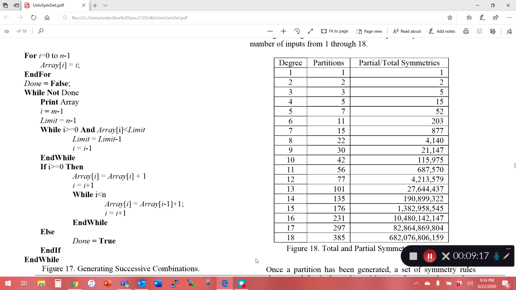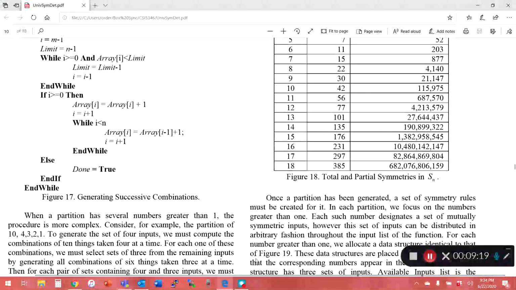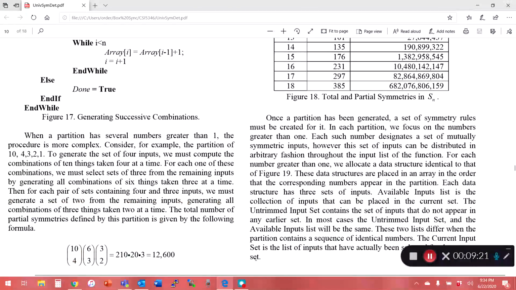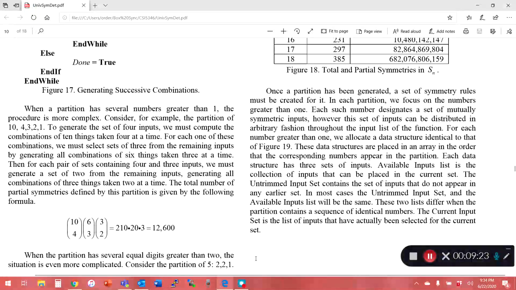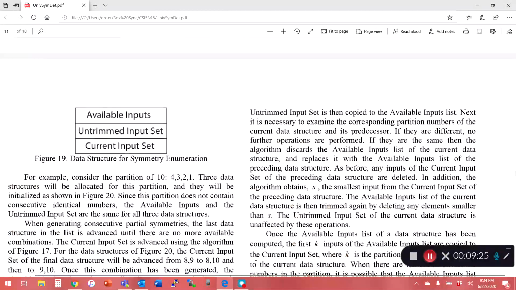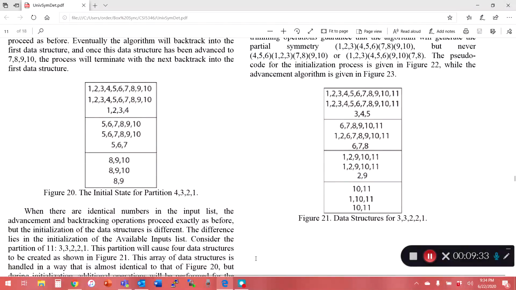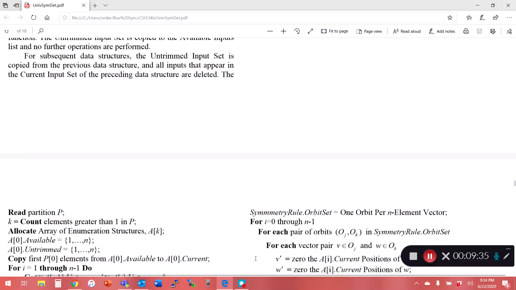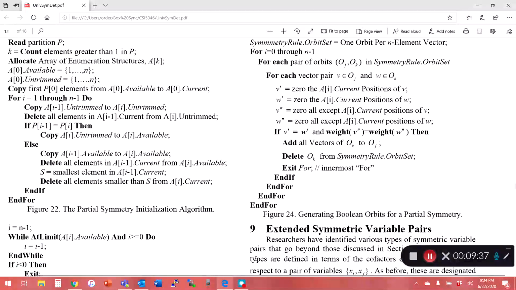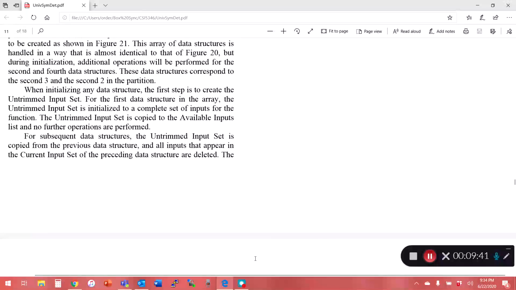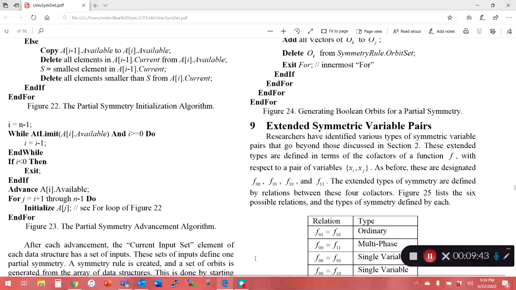Even though they're huge, they're considerably smaller than the number of subgroups. Basically what I just said is described in detail in the rest of this section.